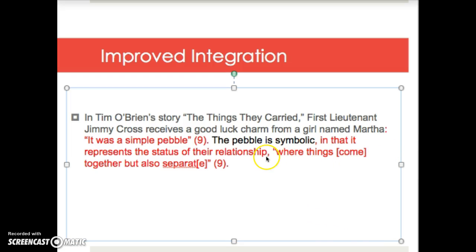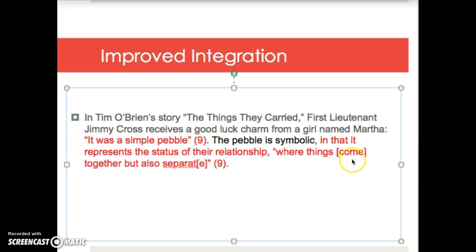So we added a few more words here in order to connect and improve the flow of the writing. So there's sort of a seamless blend of the quotation into the structure of your sentence. And you'll also notice words have been changed.